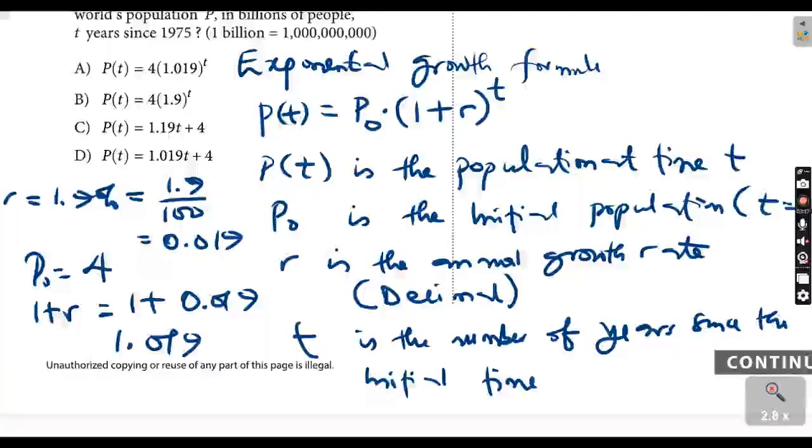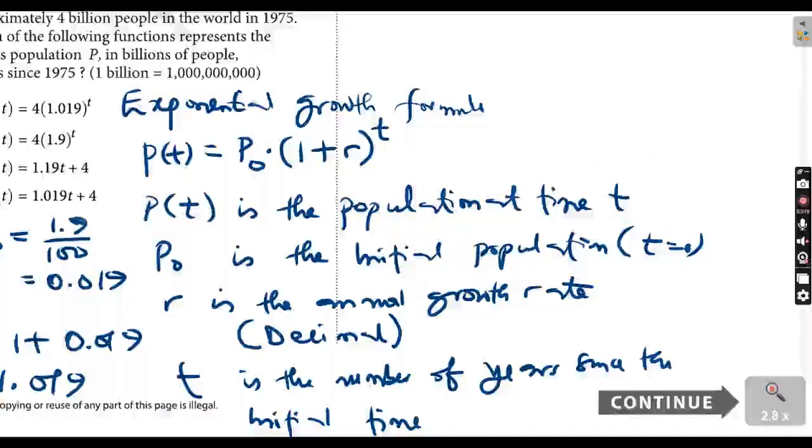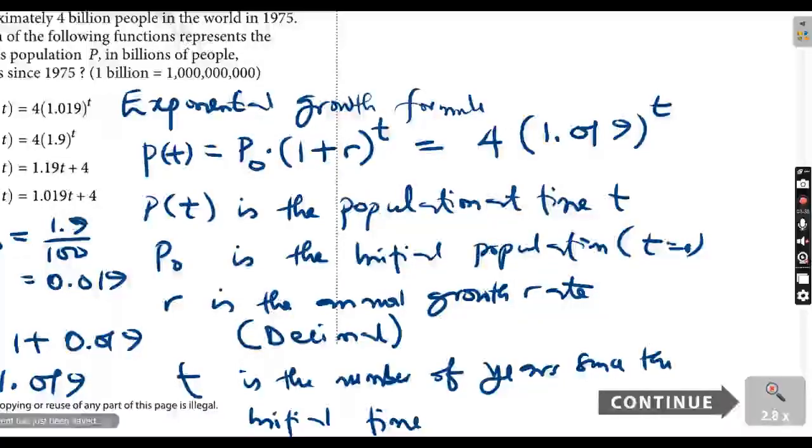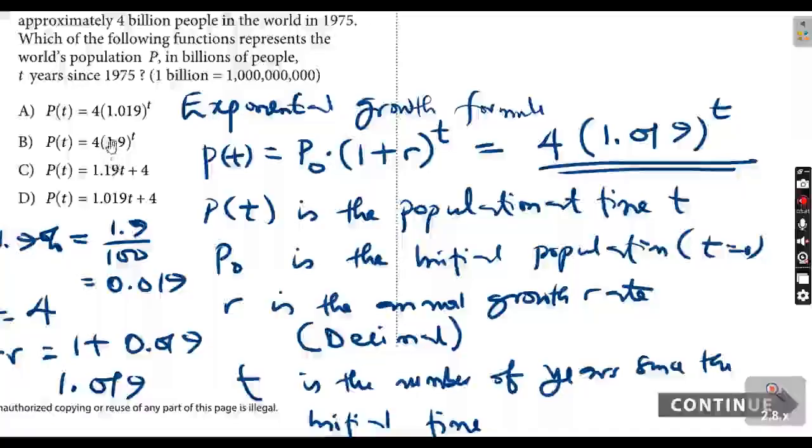So if we substitute all this in our formula, P(T) will be equal to 4 times 1.019 to the power of T. And this is the expected answer. So looking at our options, we can see clearly that option A is the correct answer.